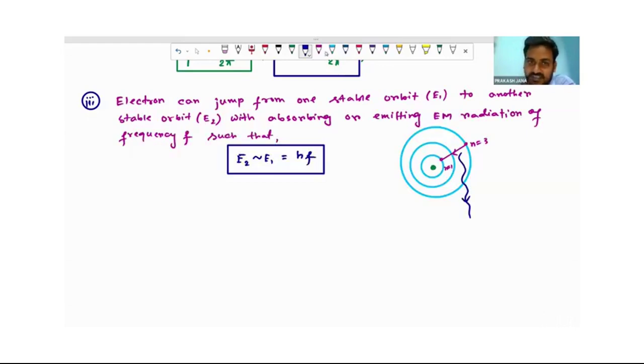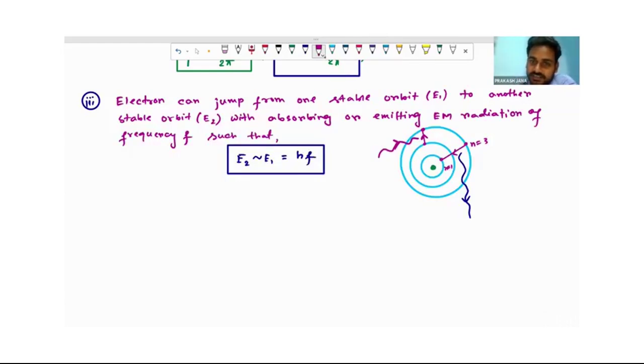Okay, similarly, suppose an electron jumps from n equals 2 to n equals 3 this way. Then it will happen only when an electromagnetic radiation is absorbed. The electron will absorb an electromagnetic radiation, then only is it possible to jump from a lower orbit to a higher orbit.